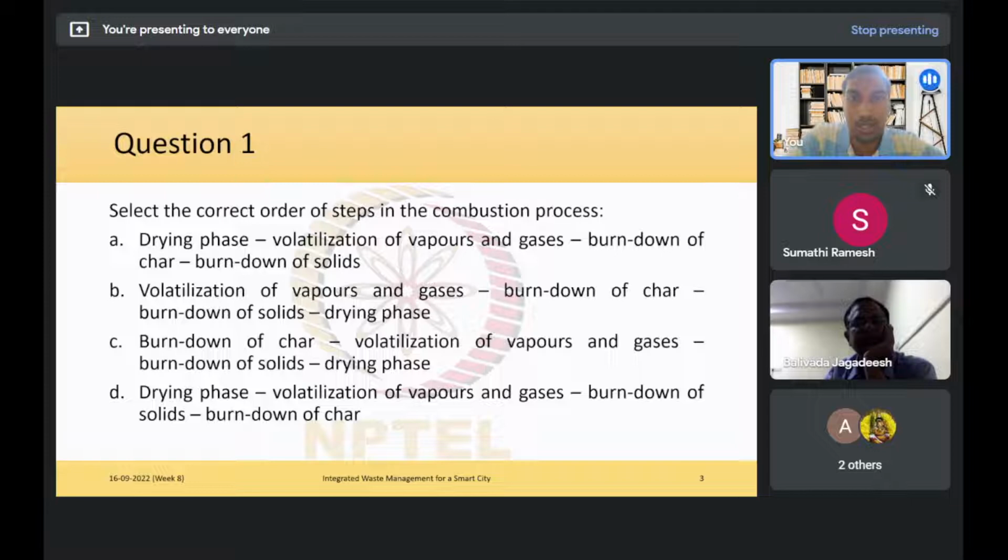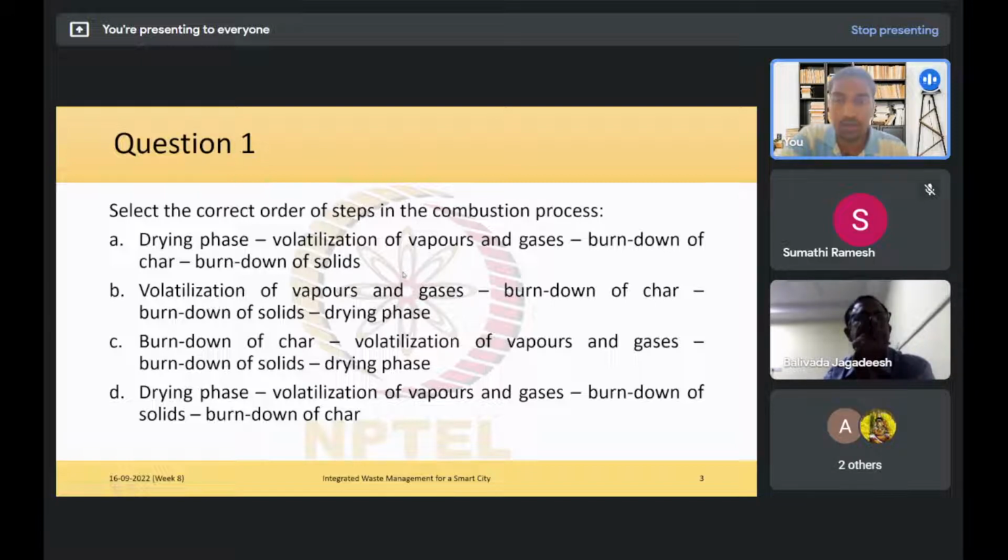Here we need to arrange those processes or mechanisms in the correct order. The order is jumbled in these different options. For example, in option A, we have the drying phase followed by volatilization of vapors and gases, followed by burn down of char, and then burn down of solids. So this is jumbled, and we need to pick the right one.